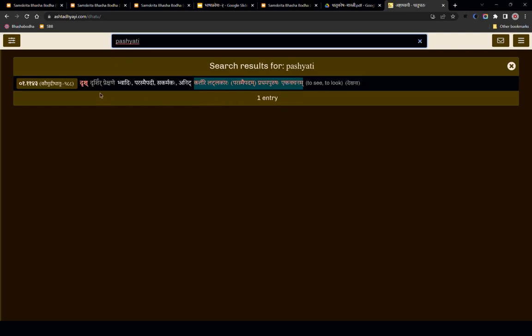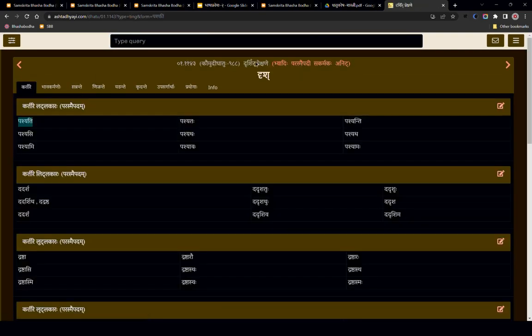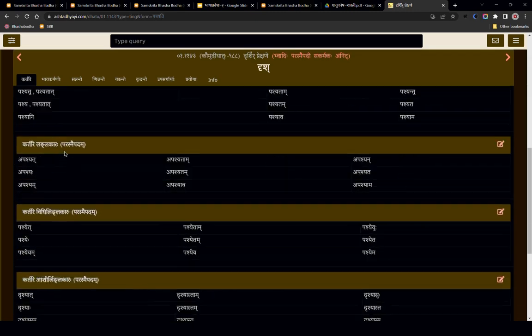It will search through and find Drishya, and then you can click here. On the top you see the dhatu and its gana, parasmaipadi, and that it is sakarmaka, etc. Then you will see in the kartari prayoga, active voice, the lat lakara, etc., what the forms are.